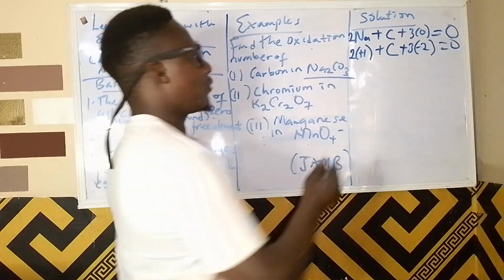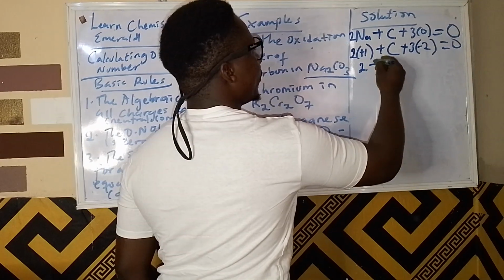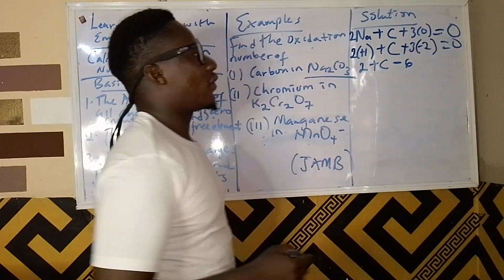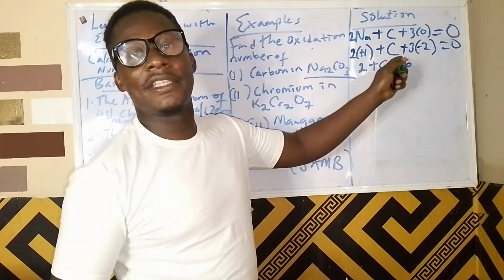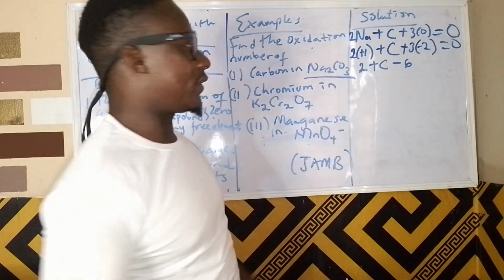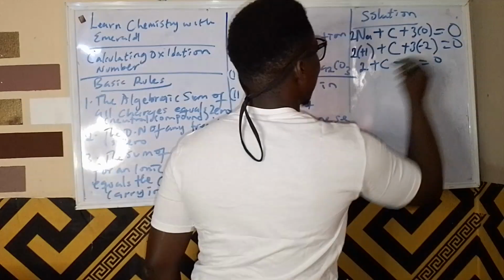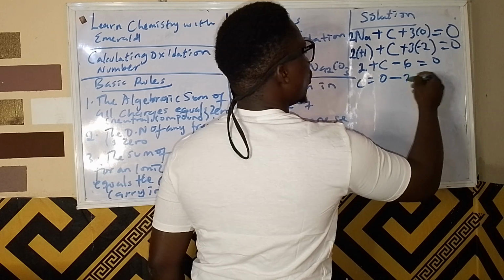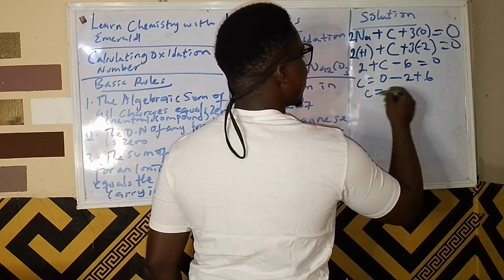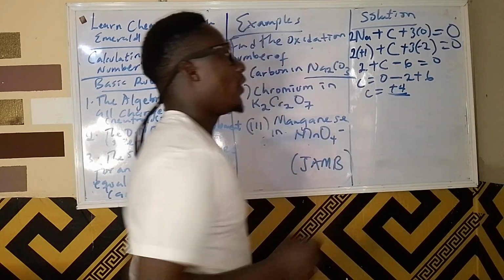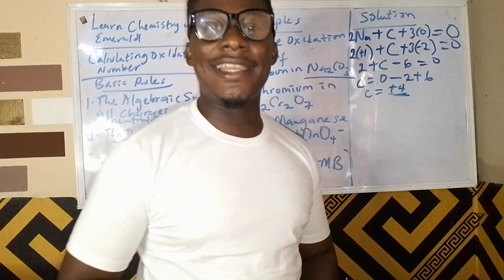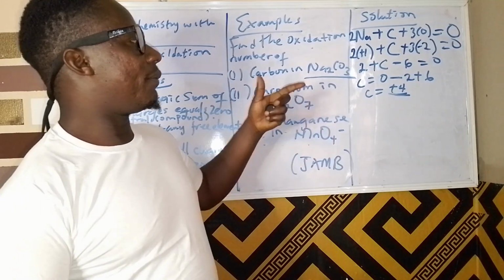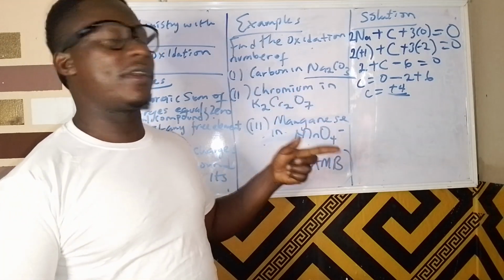Then 2 times +1 gives 2, that's 2 plus C minus 6, because 3 times -2 gives -6. Everything equals 0. Then C is equal to 0 minus 2 plus 6. Then C is equal to +4. So the oxidation state of carbon in this is +4.